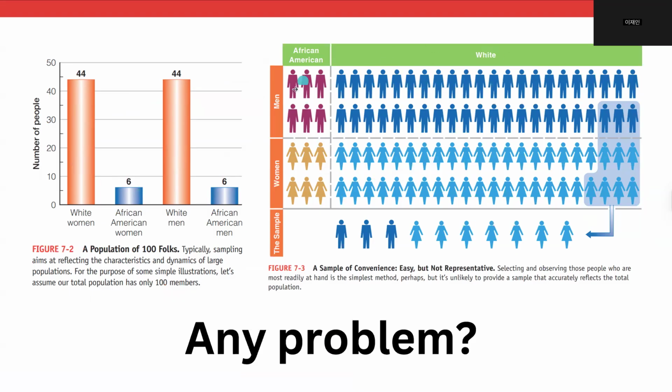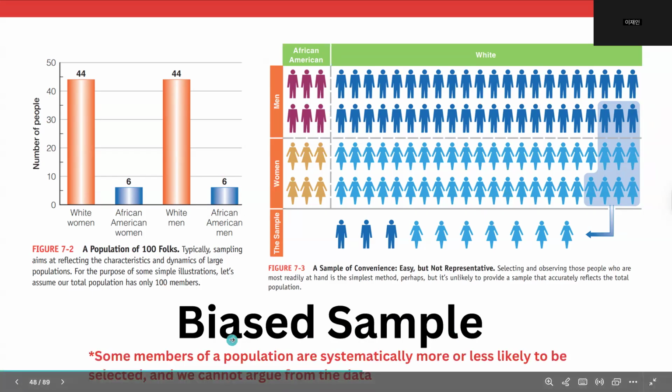The problem is, you are collecting the sample from that, so the population should resemble it in that way. The number of African Americans is here, the number of whites is here in the population data or in the target population of the research. But in case you are just collecting data from whites, say three white males and maybe seven white women, and you are not collecting any African Americans, the problem is the bias of the sample.